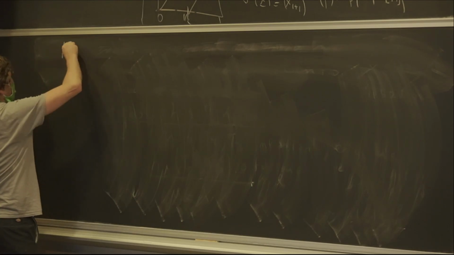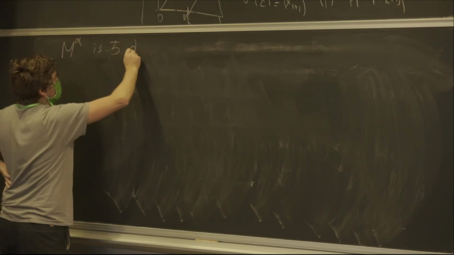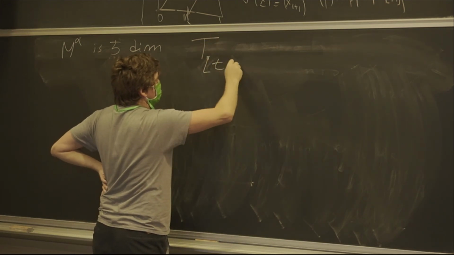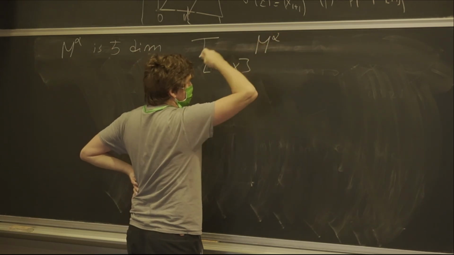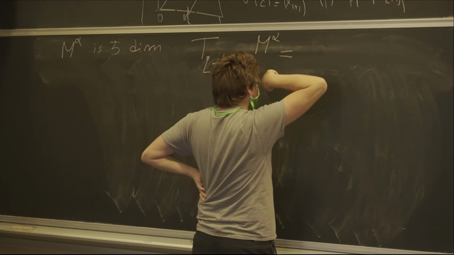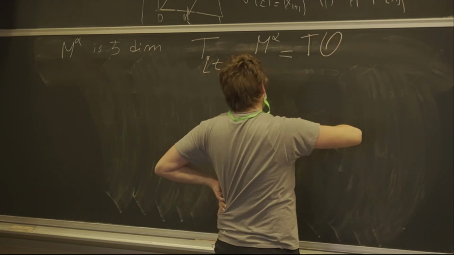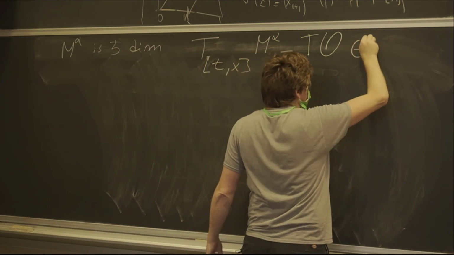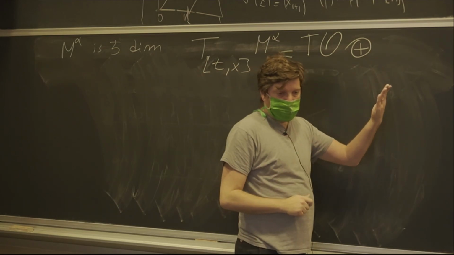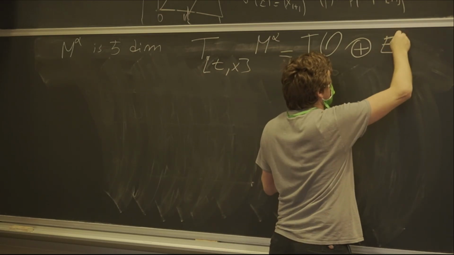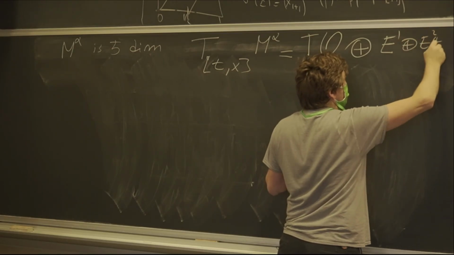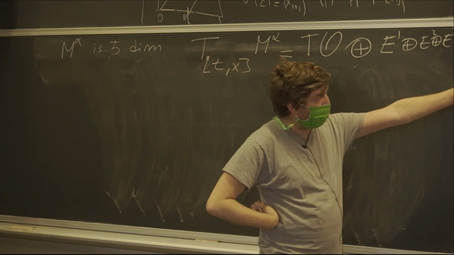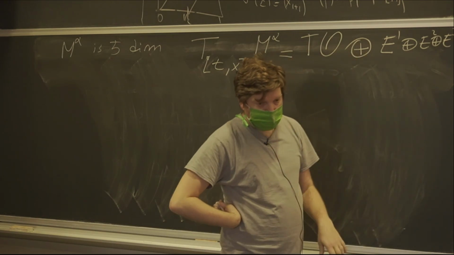So M alpha is 5-dimensional, and the tangent space at any point, Tx of M alpha, splits as the tangent to the orbit, which is the R2 part, plus the tangent to the fiber T3, and the tangent to the fiber has a splitting E1, E2, E3, which is essentially the same splitting I have here, R3 equals E1 plus E2 plus E3.